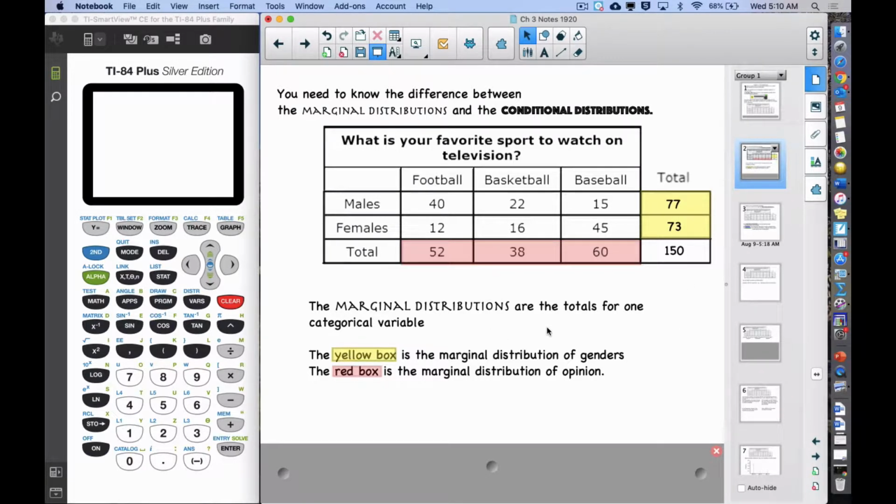The red box is the marginal distribution of opinion because that's the total for each of the opinion of which sport they prefer. And there are times where they might ask you to do some calculations with those marginal totals. Or some relative frequencies, which relative frequency is another way of saying percent.